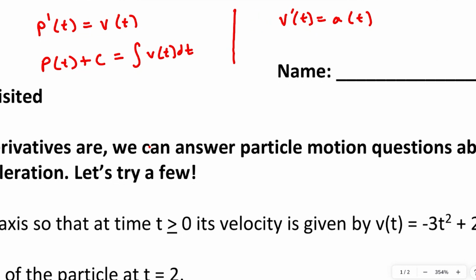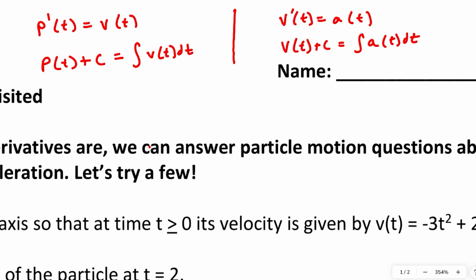Now that we know a little something about how to find antiderivatives, we can also say that the velocity is the antiderivative of acceleration. So now, instead of just being able to go from position to velocity to acceleration, we can go from acceleration back to velocity and back to position.